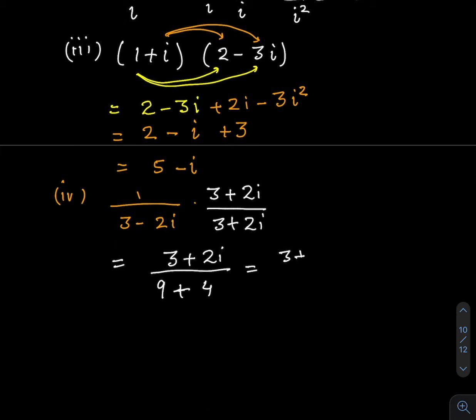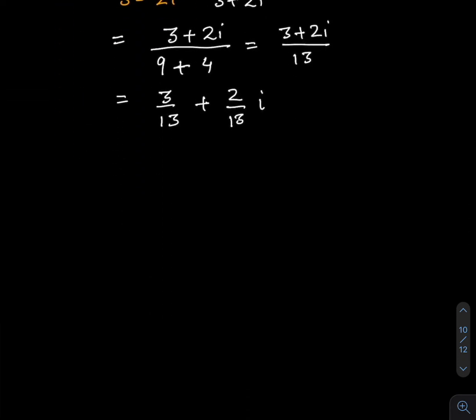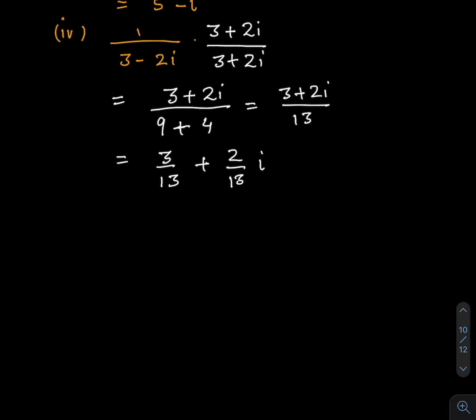So we will get (3 plus 2i) divided by 13. So we have 3 divided by 13 plus 2 divided by 13 i. This part without i, we also call the real part. This part with i, we call the imaginary part.